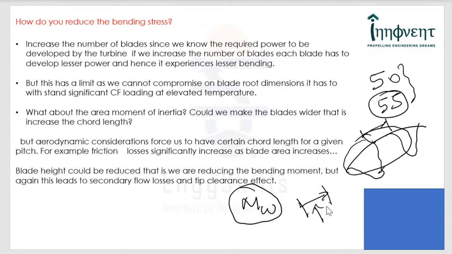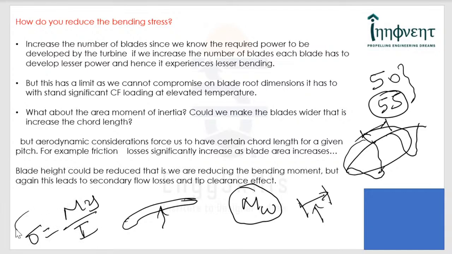Now, what is the next point that we may want to consider? That is the cross section of the blade, because we know that if you manipulate the area moment of inertia, if you increase it, the bending stress obviously decreases, because the bending stress is the bending moment by area moment of inertia into y, that is the distance from the neutral axis. So this can be reduced by increasing I, but can I increase the chord length, that is the width of the aerofoil?